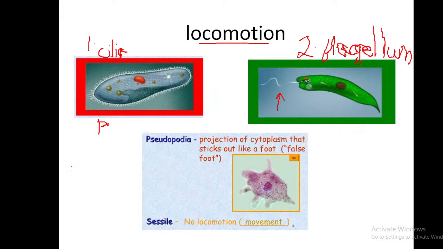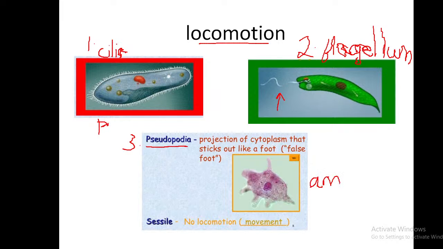The third locomotory structure found in the animal-like protists is pseudopodia, and this is also very familiar to you. Pseudopodia. Pseudo means false. Podus means foot. So it is a false-footed organism. Structures like a foot. Because these structures help in locomotion, they are called pseudopodia. Pseudopodia are found on the body of amoeba.